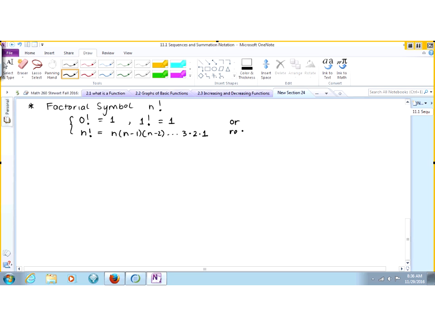Or if I write it recursively, you could say this. 0 factorial is 1, 1 factorial is 1, and n factorial is equal to n times n minus 1 factorial, if n is greater than 1. So you could define sequences recursively and explicitly.